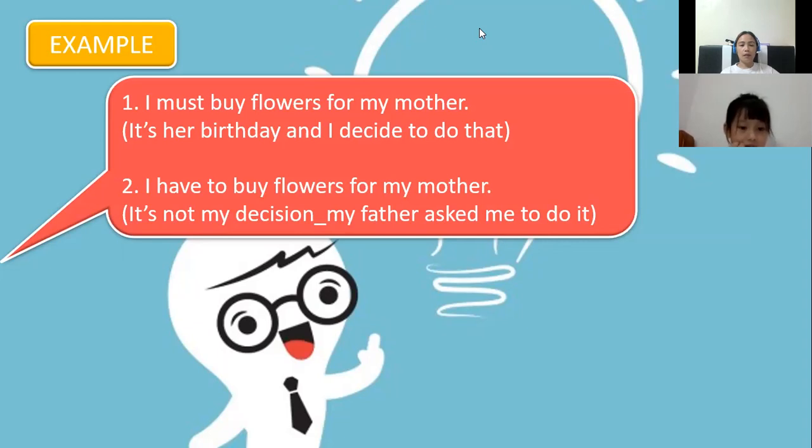I have to buy flowers for my mother. It's not my decision. My father asked me to do it. So when you say I must, it's your own decision. With I have to, you are obliged to do it because your father asked you to buy flowers. So that's the difference between the two.